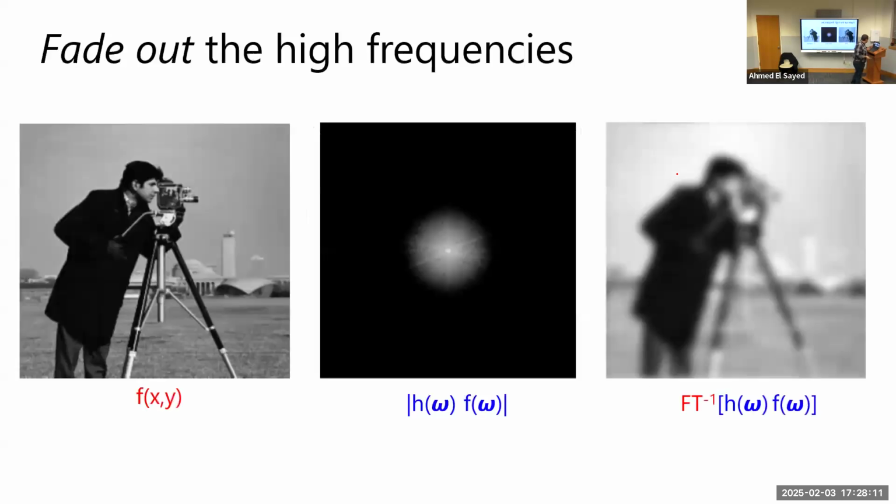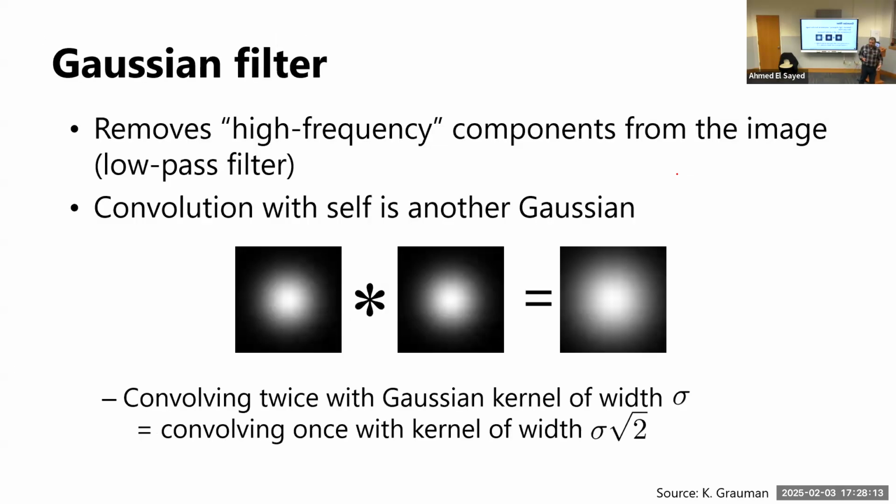This Gaussian filter has some properties. What are these properties? First, it acts as a low-pass filter. Acts, but it's not an ideal low-pass filter. It removes some of the high-frequency components, but retains part of them for good visualization. Second, if you convolve two Gaussian filters, the output is Gaussian.